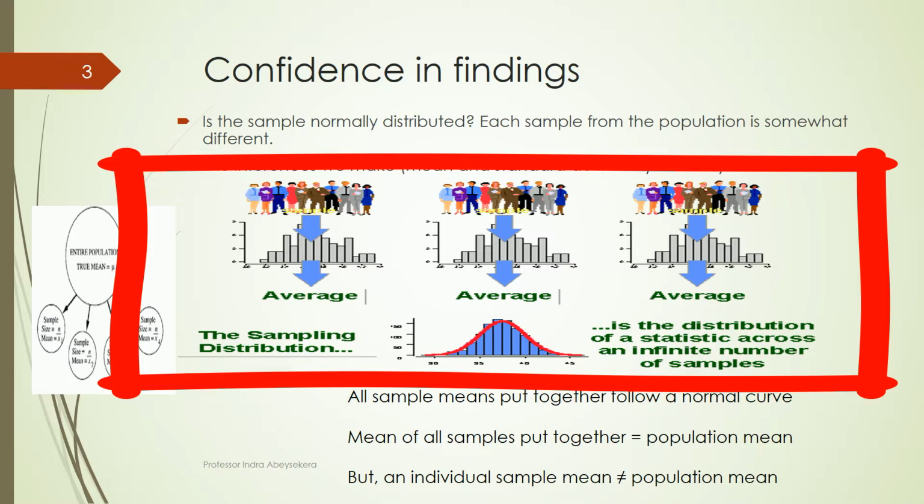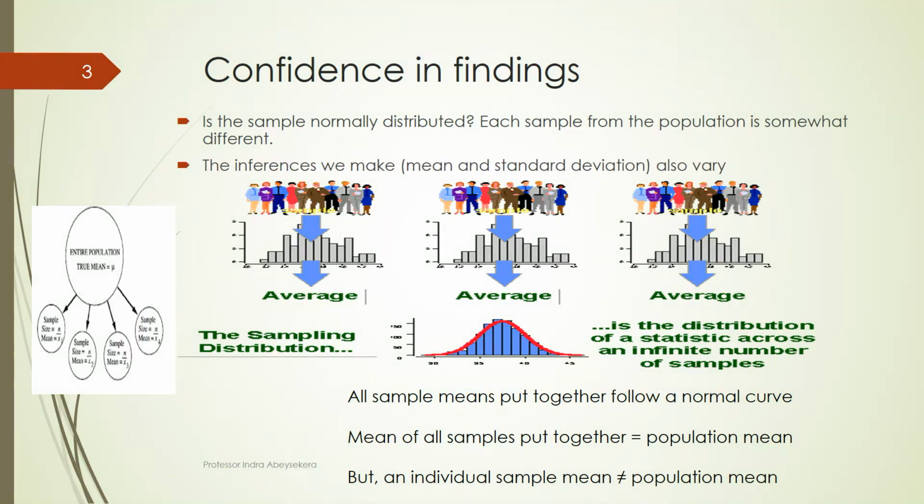But when we equate the sample mean to the population mean, we have to acknowledge it is a sample, and therefore it may not fully represent the population. That means the sample mean can have an error.